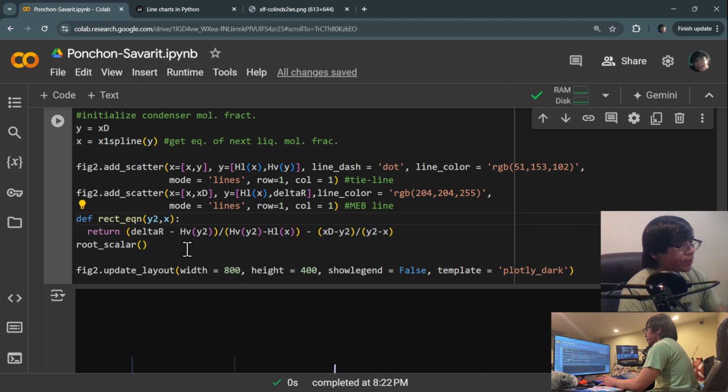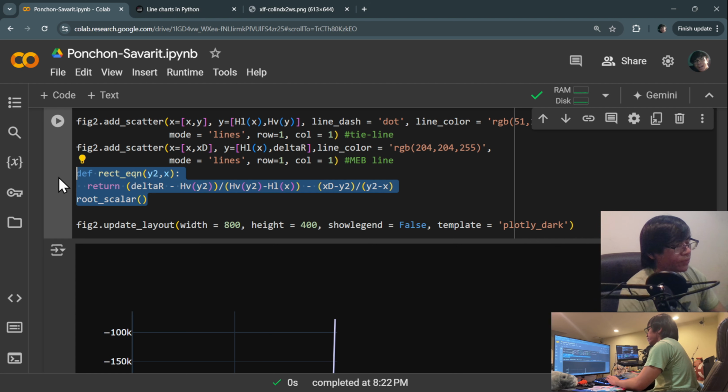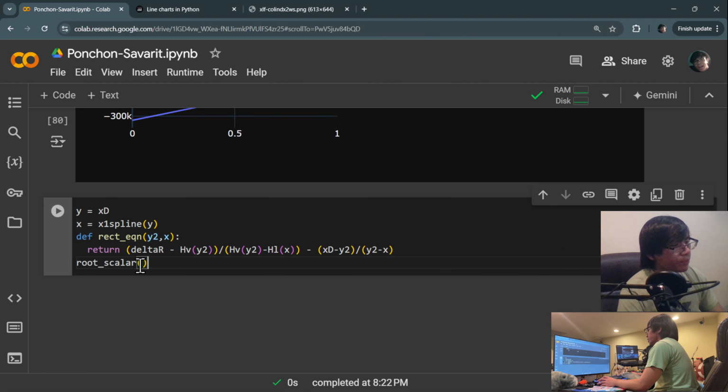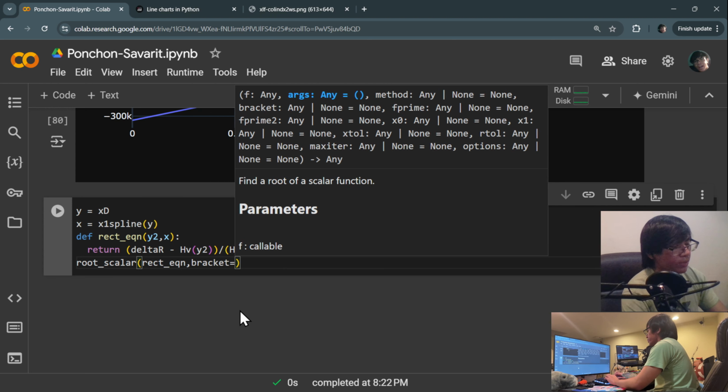And then it's a little scary doing this all at once, so I'll move this to see on the outside we're actually doing it correctly. And then we want to zero out this equation, our function. I think root scalar is just bracket, right? So bracket. And then remember how we said earlier, it's lying between the distillate and our current x.